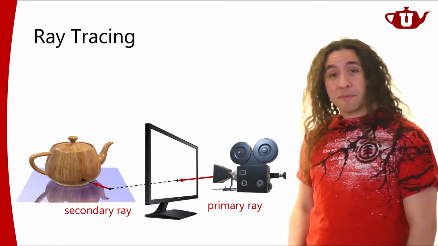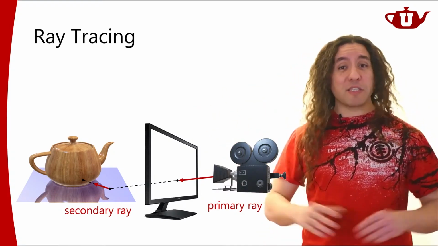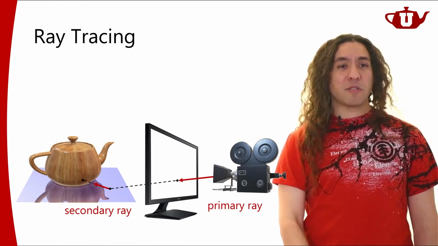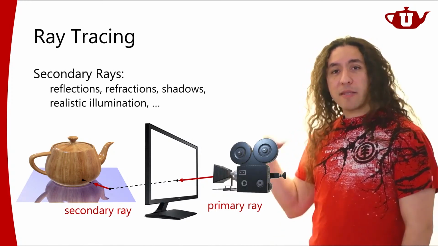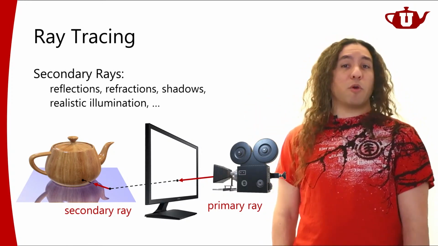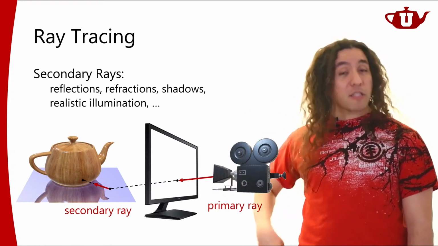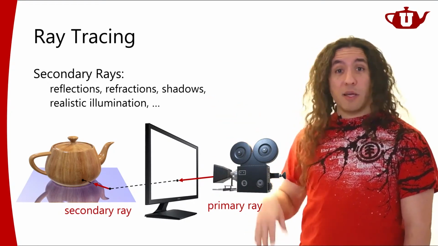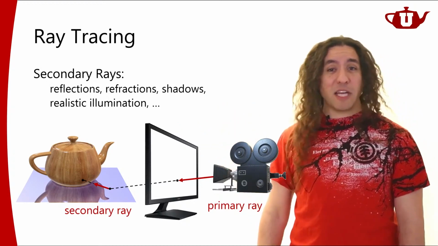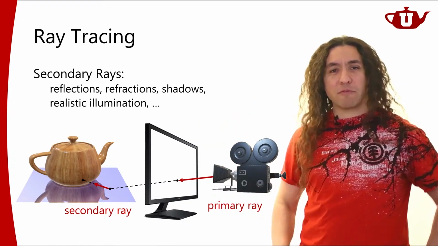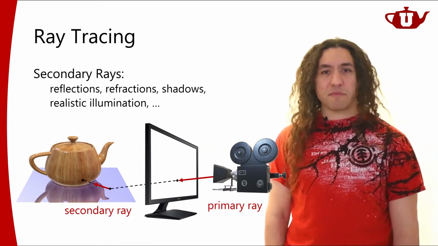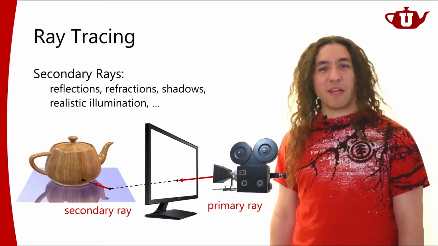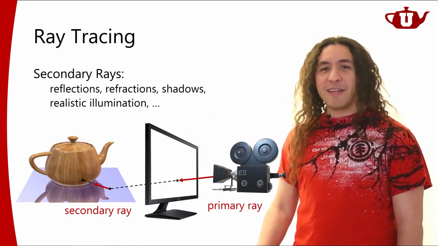So with ray tracing, it opens up these possibilities of different types of things that we could easily compute by using secondary rays. And secondary rays are used for computing reflections, refractions if you have a transparent object, shadows, and realistic illumination with bounces. We're going to talk about realistic illumination quite a bit, so I'm going to skip that and just say that involves computing reflections in different ways.